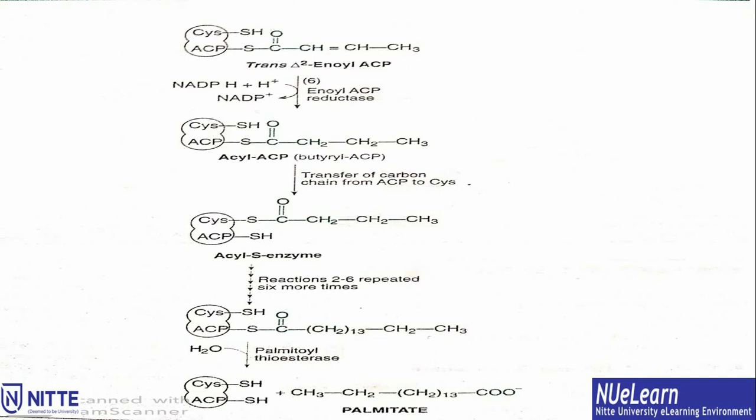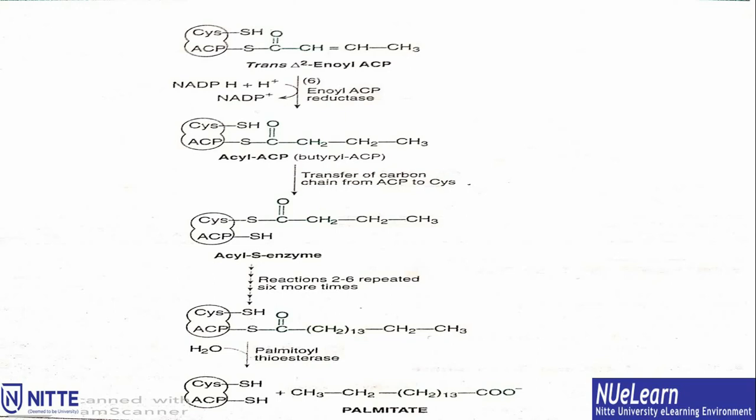Initially, by following the reactions from 1 to 6, we are able to synthesize the simplest fatty acid, which has only 4 carbon atoms, because we started with 1 acetyl coenzyme A and 1 malonyl coenzyme A, and 1 carbon atom is eliminated in the decarboxylation reaction, resulting in a 4-carbon fatty acid residue known as butyric acid. Now, since we want to synthesize palmitic acid, which has 16 carbon atoms, we have to repeat the reactions from 2 to 6 more times.